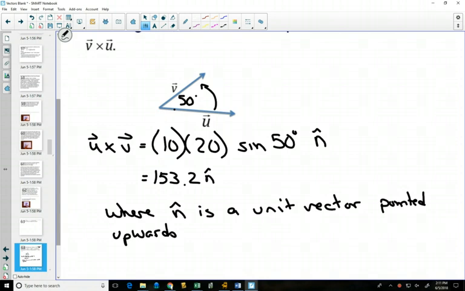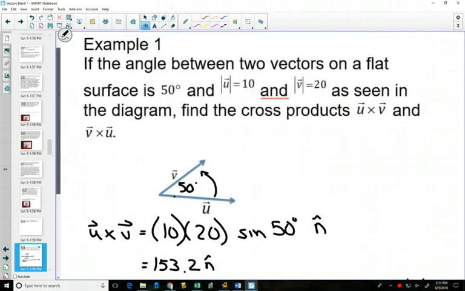Okay? Yes. I'd say on a flat surface, flat would mean like this, so upwards makes sense. Well, but if you're looking at the screen, there's a flat surface out of the page. In physics, you can get it wrong instantly. So in physics, they would want you to say outwards, out of the page.